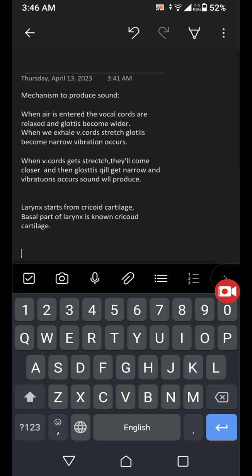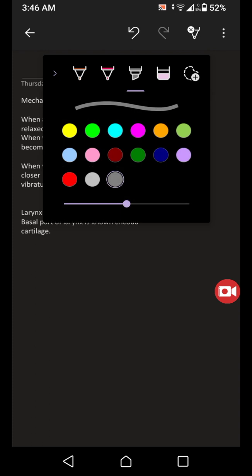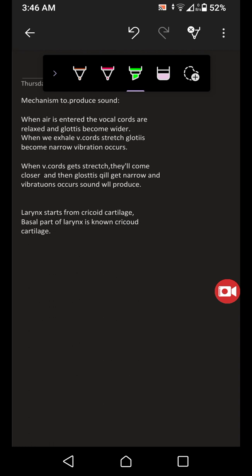In my previous video, I discussed the C-shaped cartilaginous rings. So first of all, let me draw the structure. So this one is a cord.